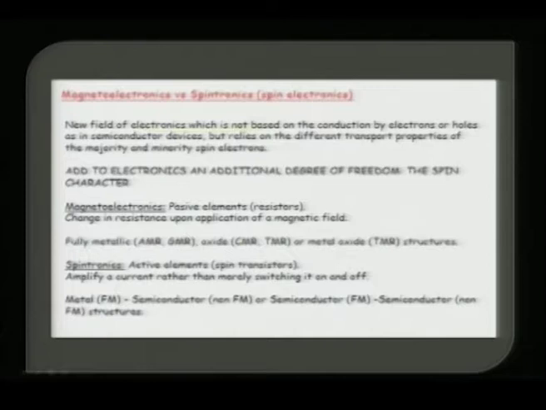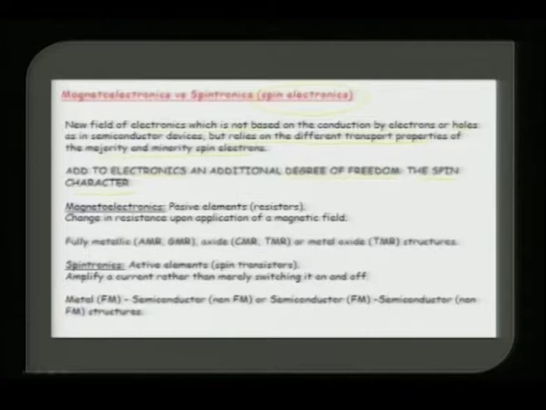Let me run through some of the issues just to register that in your memory. This new field of electronics, which is not based on conduction of electrons or holes, but relies on the different transport properties of majority and minority spin electrons, actually forms the basis for spin electronics. Add to electronics an additional degree of freedom, that is the spin character.